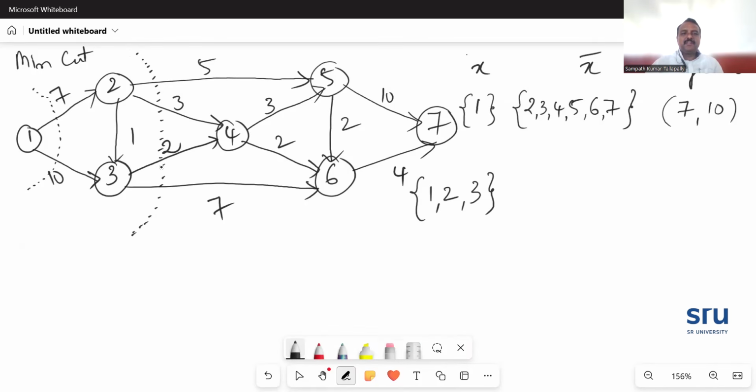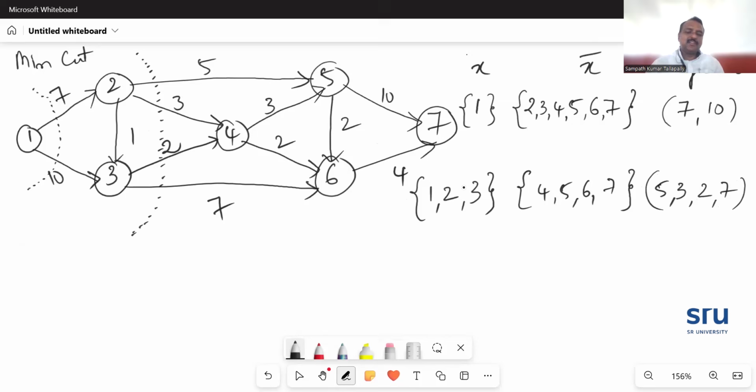So if I have a cut in this way, the first graph is going to contain vertices 1, 2, 3, and the second graph is going to contain 4, 5, 6, and 7. So what are the edges we are taking out so that I can divide my connected graph into a disconnected graph? I have 5, 3, 2, 7. So I will write 5, 3, 2, 7. Okay, so this is for this and this is for this.